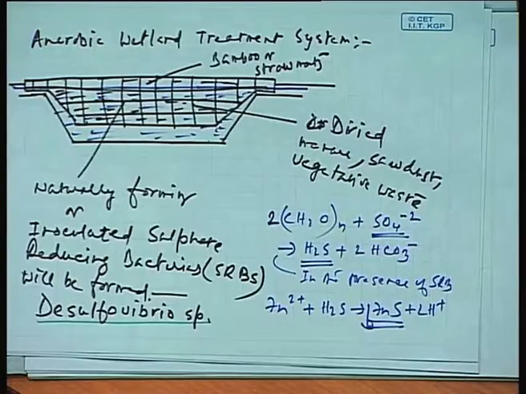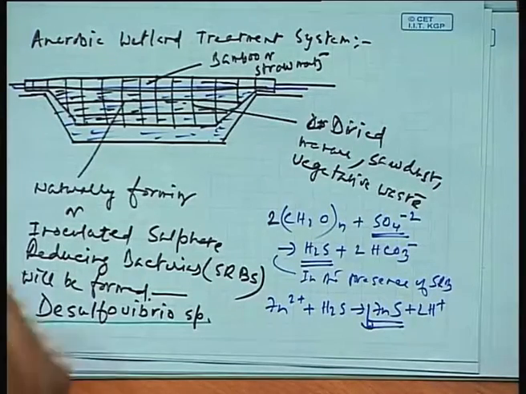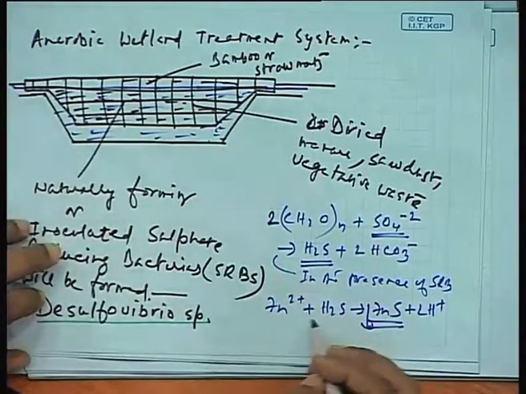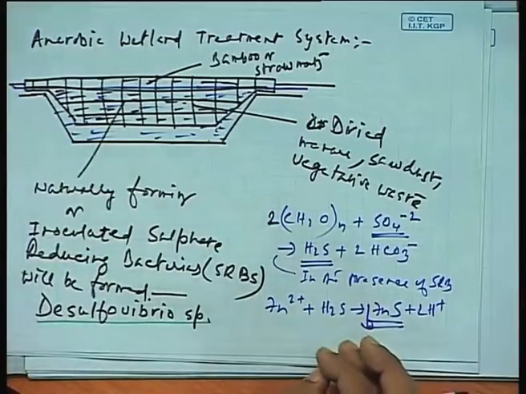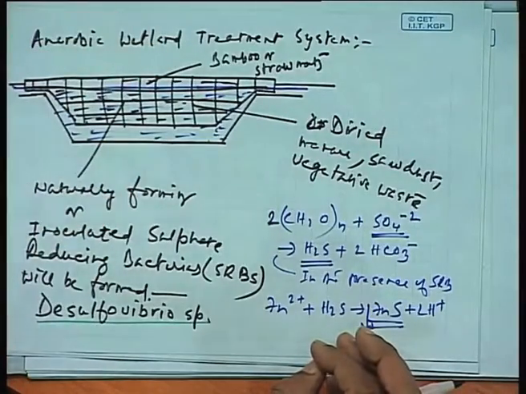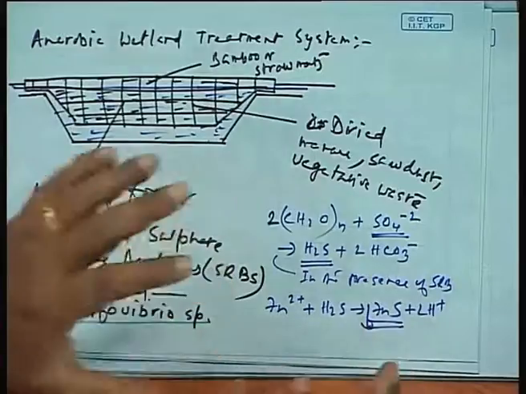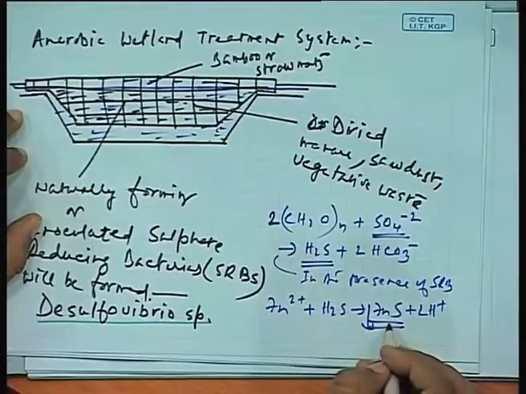This zinc is just to suggest how the metal cation would be precipitated as metal sulfide. So there can be many other metals which can be actually deposited in the form of sulfides.